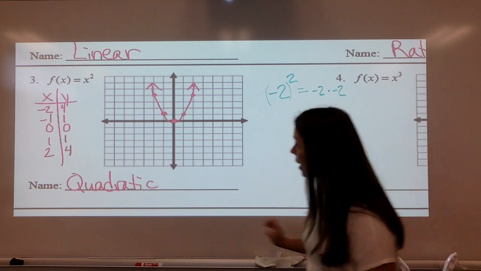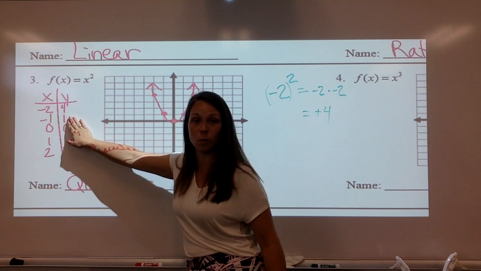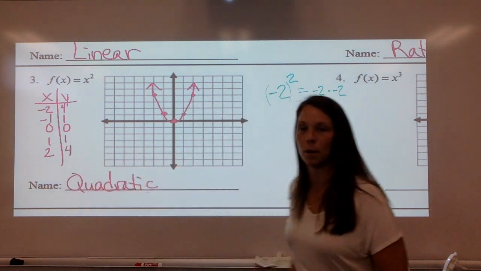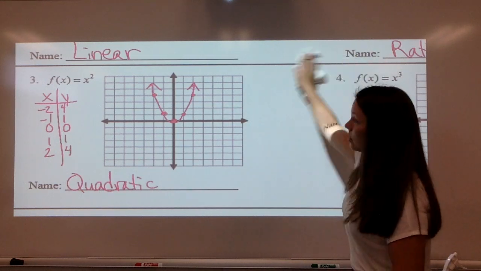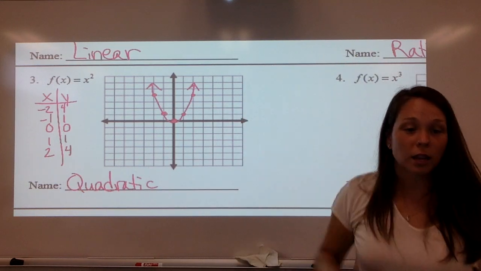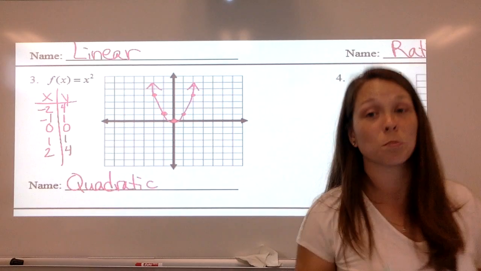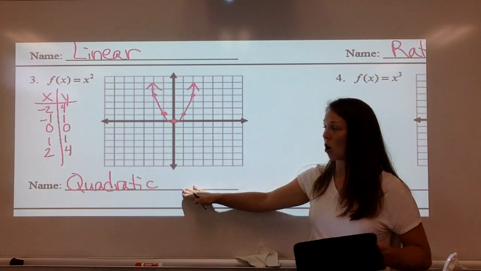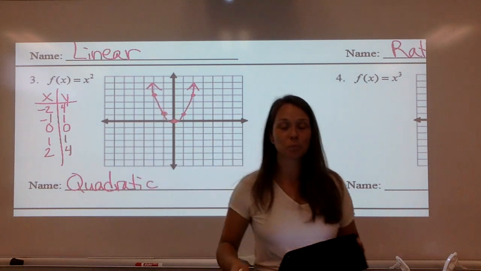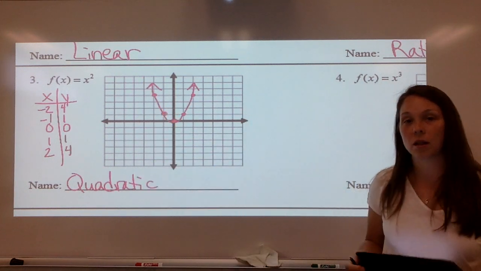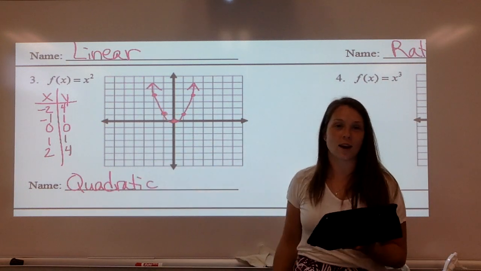So that's why I get a +4 and a +1, and then my other numbers are positive still. Right? So that is the quadratic function. It creates a shape called a parabola. Sometimes people think that this is called the parabola function. It's not. It's just the shape here is the parabola, but the name of it is quadratic.